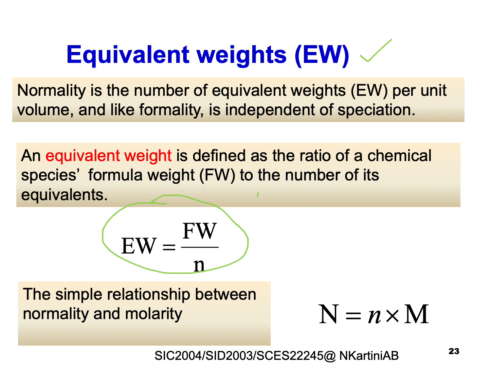When I ask you about the definition of equivalent weight, you can say in words that it is the ratio of the chemical species formula weight to the number of its equivalents, or you can give this formula. The simple relationship between normality and molarity is that normality equals the number of equivalents for that particular species multiplied by the molar concentration.